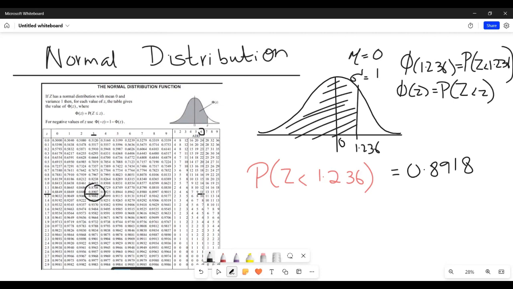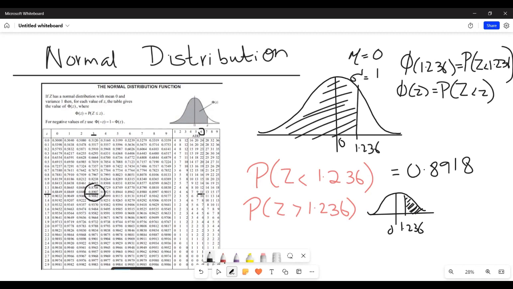Okay. Now let's look at this case. Probability Z is greater than 1.236. So that would mean this case. Let me redraw this. So now we need to find this probability.